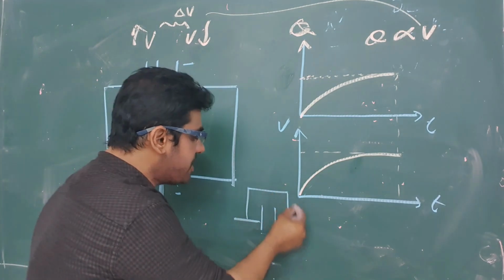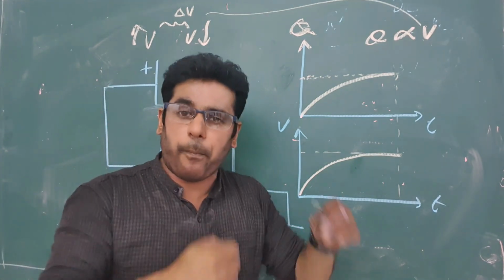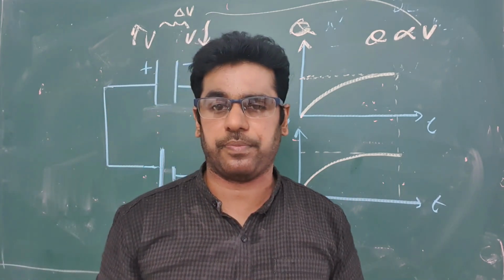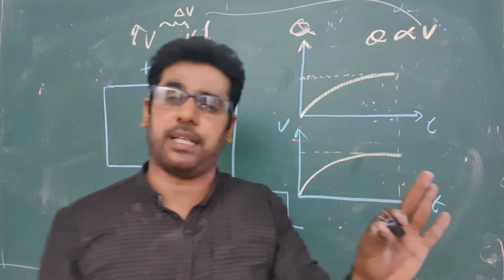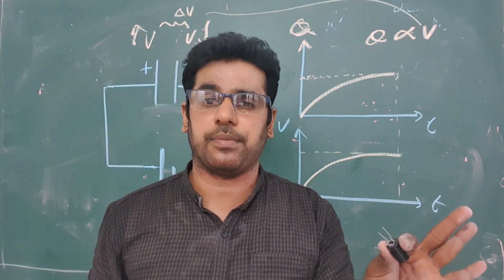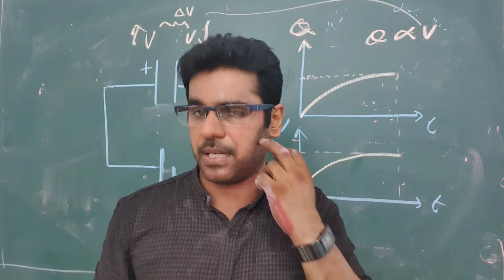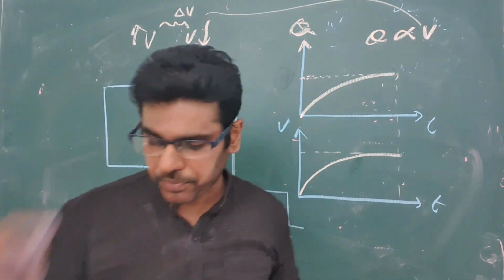When you use a conducting wire or closed switch parallel to the capacitor, there is no charge. But here I am going to explain how we do the discharge for the capacitor. Now, the discharge method is this one.